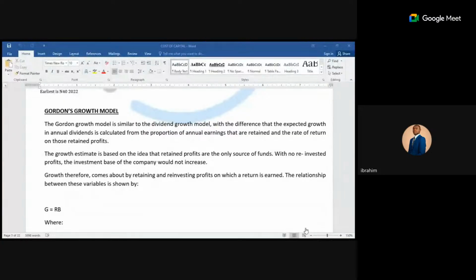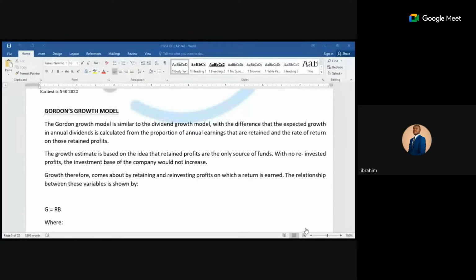Now, we quickly move to with growth. That is cost of equity. Sometimes when you have a series of dividend, you can equally say there is dividend with growth. Now, the question you should ask yourself is, which of these growth are we using?